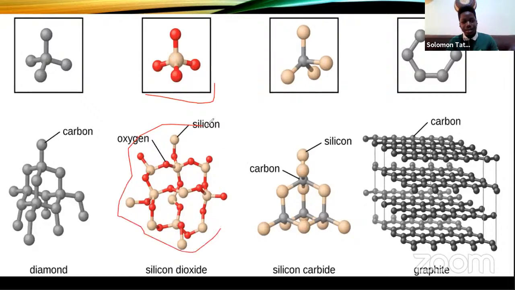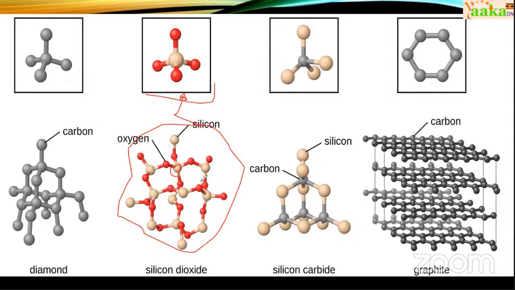Those individual molecules you see up here are the ones that form the giant molecular structure of silicon dioxide. It's just the interconnection. As you can see, if this is the silicon atom, it's going to be bonded to 4 oxygen atoms. That's how we can explain that.